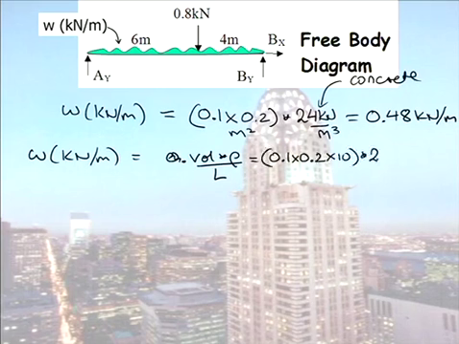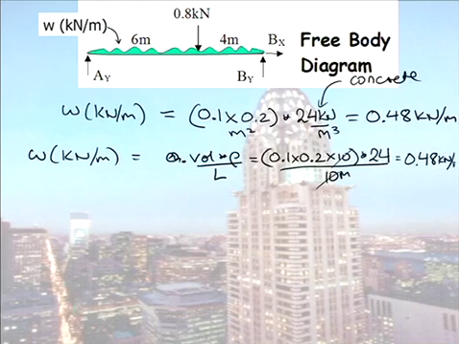My density is 24. That number on the top there now is in kilonewtons. We want to know what the load is in kilonewtons per metre, so we divide by 10 metres. So as you can see, the 10s cancel out, and you have a load of 0.48 kilonewton per metre. So this W force now, 0.48 kilonewtons per metre.